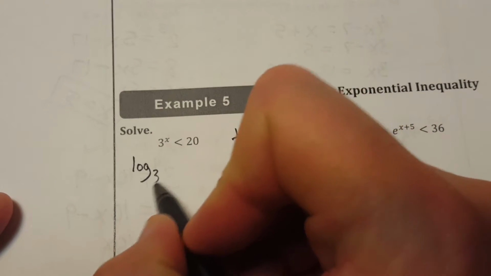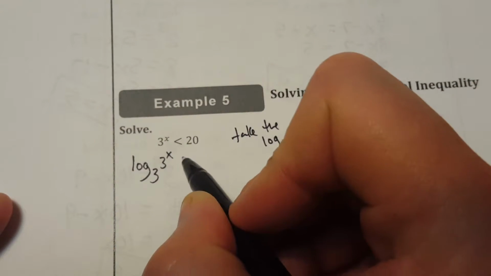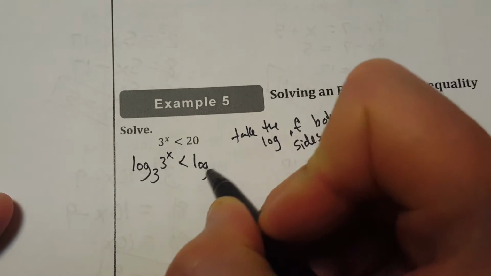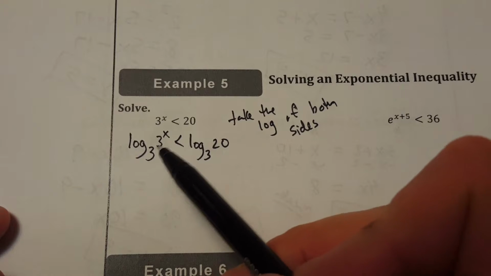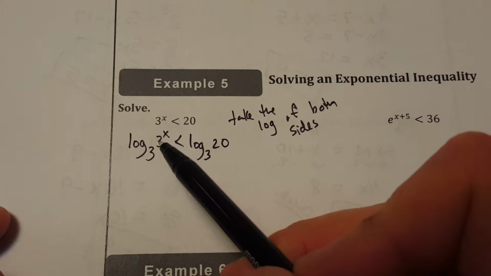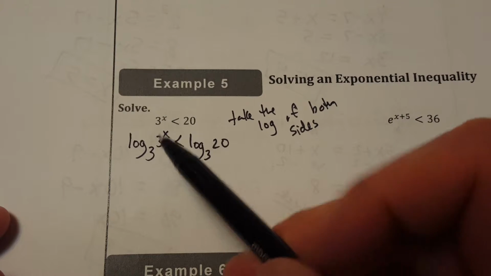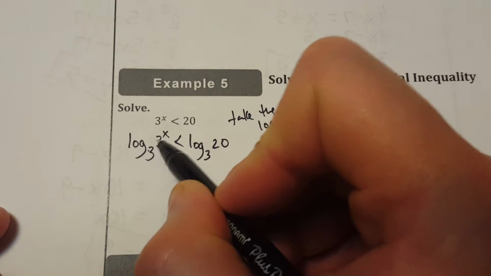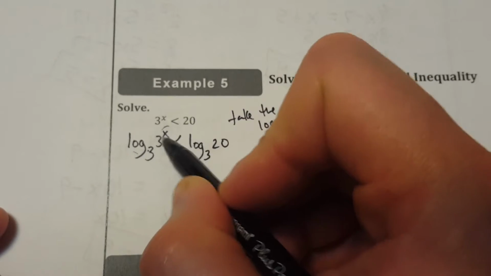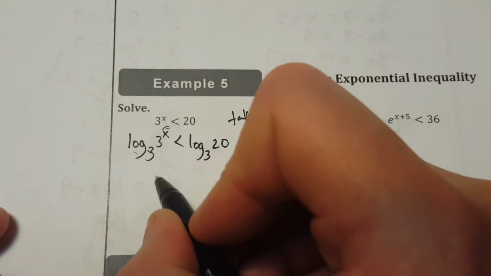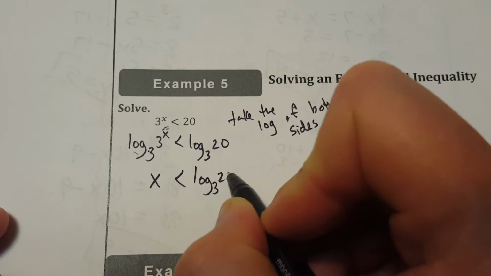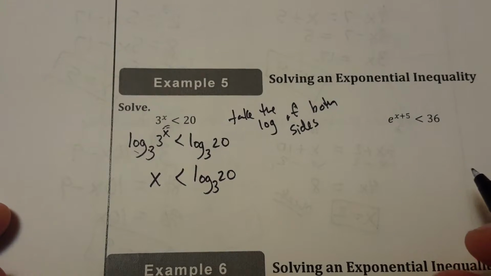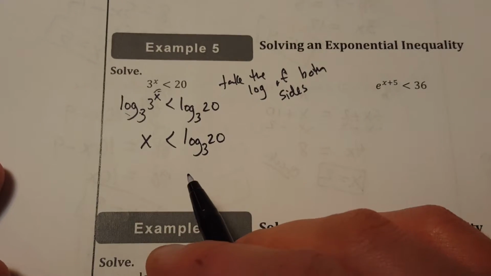So I do a log base 3 of 3 to the x is less than the log base 3 of 20. Because my bases match, these are inverses of each other. It's an inverse property. They're going to cancel each other out, and it'll leave just the power of x. And so I've solved it in really just one step. That's the exact solution.